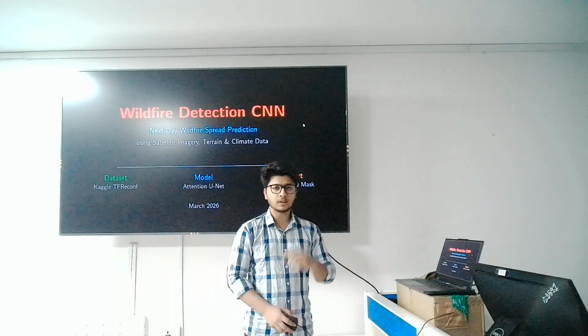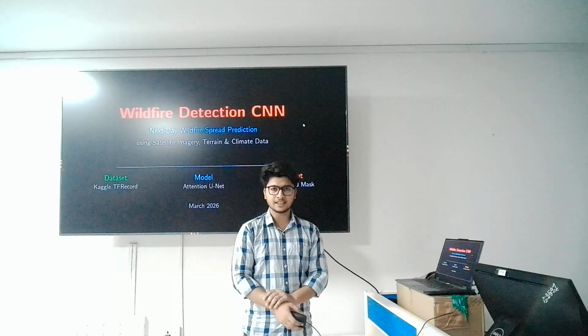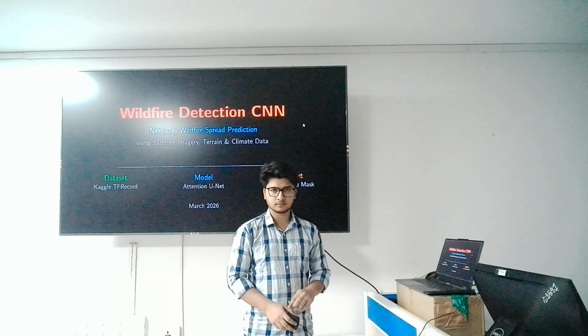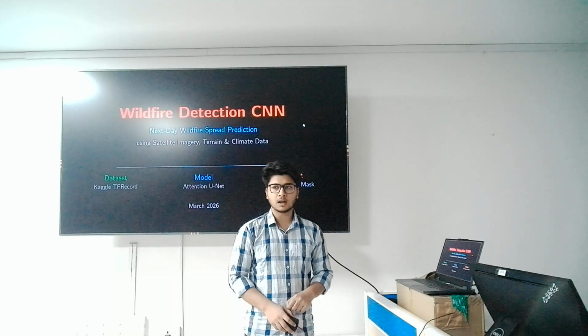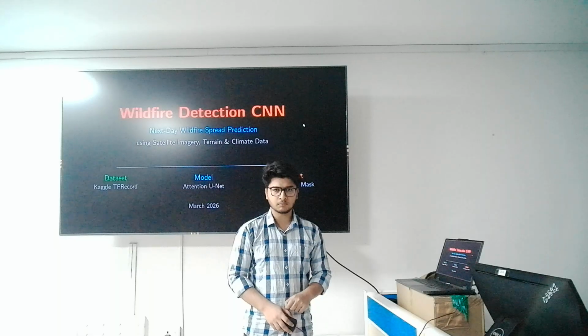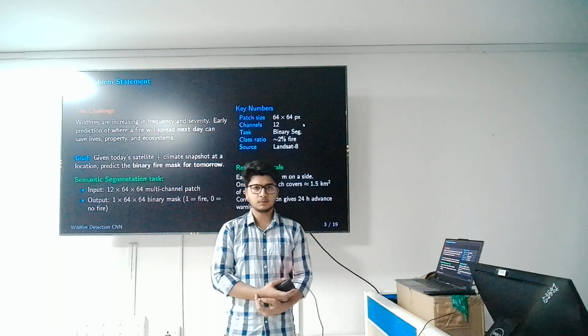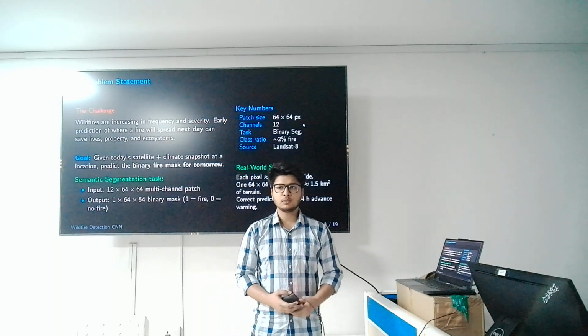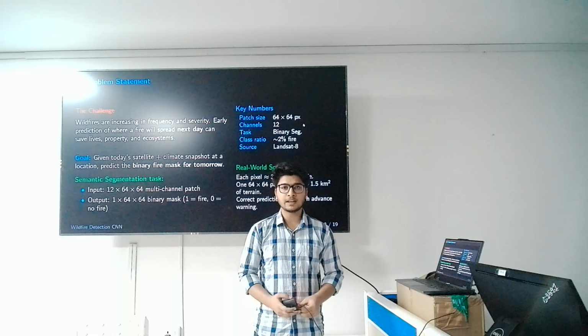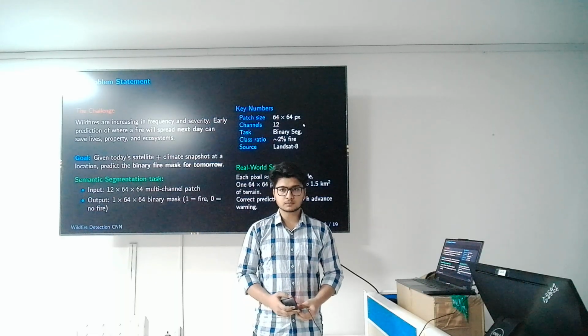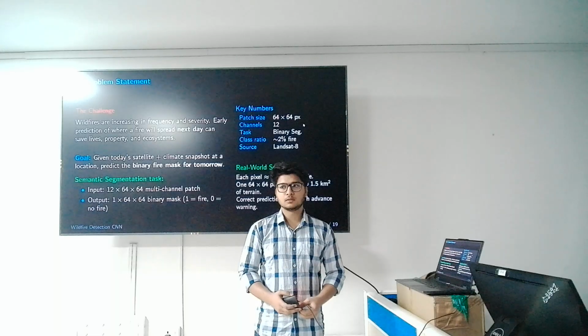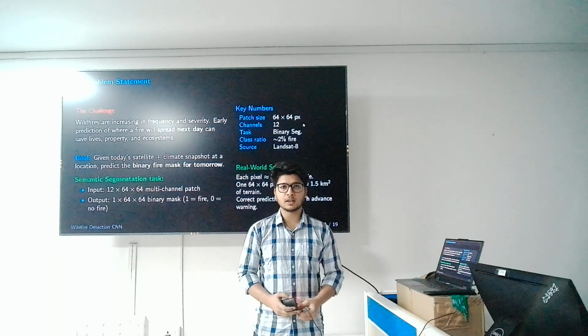First we will go through the dataset, then we will discuss how I built the model, and then we will see some outputs. Now, first of all, we focus on the problem. As you all know, wildfires cause many problems and are unpredictable because of changing climate.